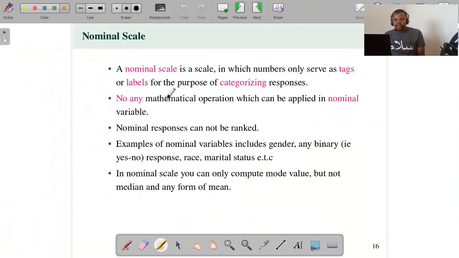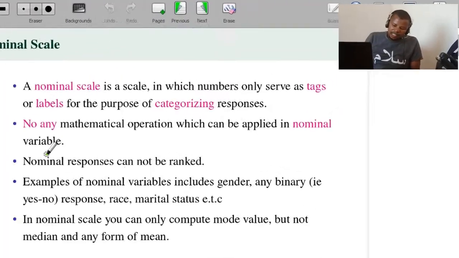So under the nominal scale, these mathematical operations are the key component in identifying these scales of measurement. How? I can explain a bit here. I will use the example of 1 and 2.